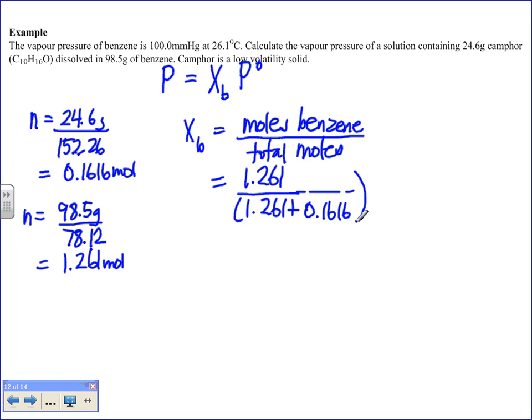Okay, so it's always the part divided by the whole. So the part that's benzene over the total amount of solution. Okay, so in this case, the mole fraction is 0.886.